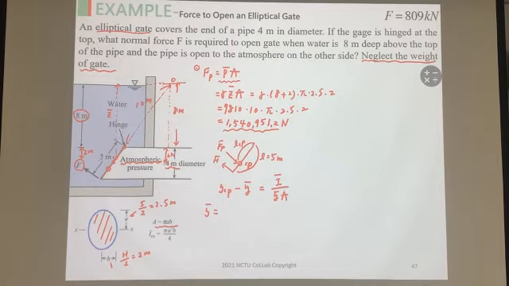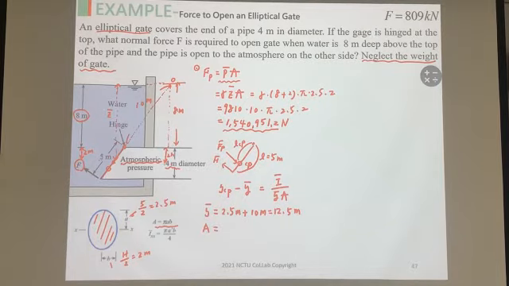The Y bar is the centroid point, and the centroid relative to the hinge point is 2.5 meters in this direction, plus 10 meters here, because the Y is relative to the reference point zero here. So the Y bar length from here to here is 12.5 meters.